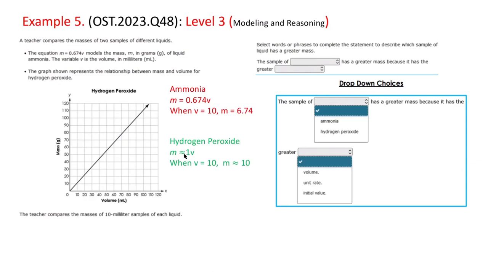So the mass is almost 1V. So when V is 10, the mass will be around 10. And obviously this is much bigger than this. So the answer will be the hydrogen peroxide has greater what? Unit rate. The unit rate here is 1. The unit rate here is 0.674.